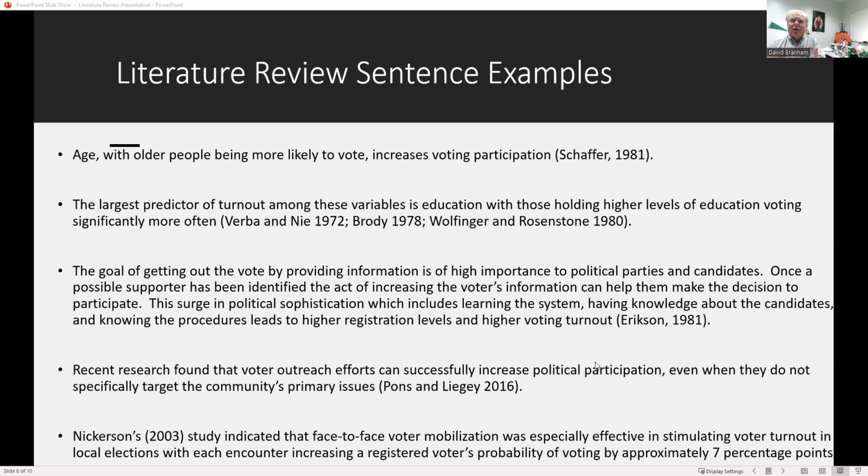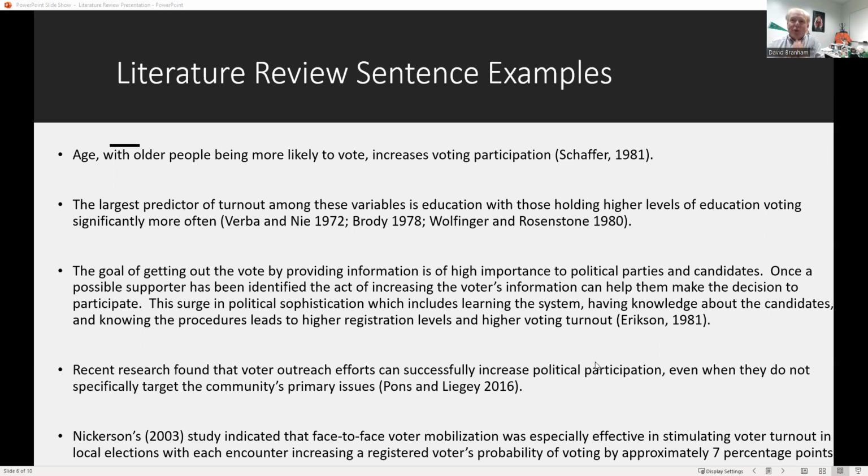Now, most of them are a little longer. The second one: "The largest predictor of turnout among these variables is education, with those holding higher levels of education voting significantly more often." Once again, a one-sentence citation, this time with 5 authors but 3 different publications: Verba and Nie, 1972, Brody, 1978, Wolfinger and Rosenstone in their classic book, Who Votes, from 1980.